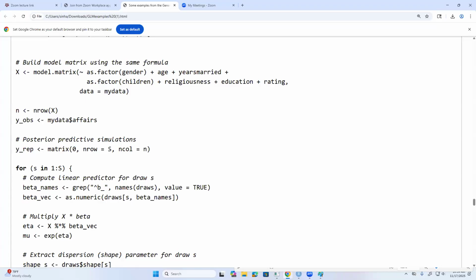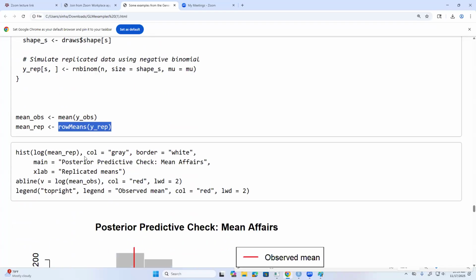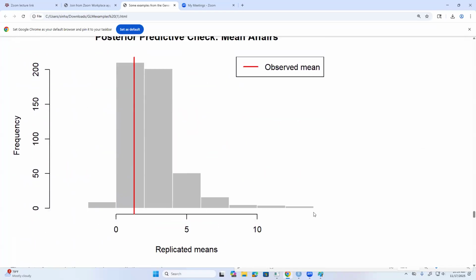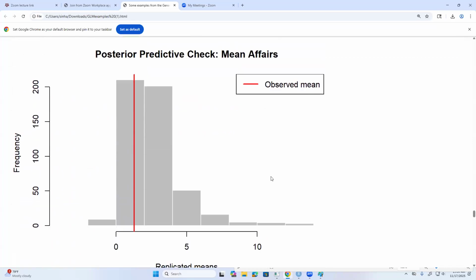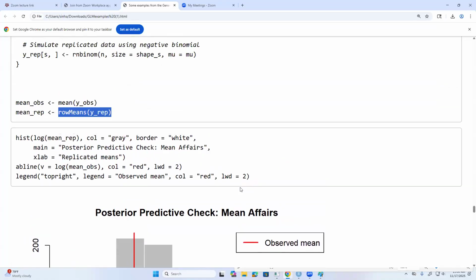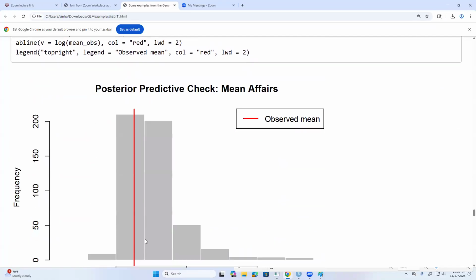For every row, I'm calculating the mean. That is why this row mean and compare. So how many row means do I have? 500 row means, and I plotted these row means here. And the observed data mean, this one, mean observed, is this red line.